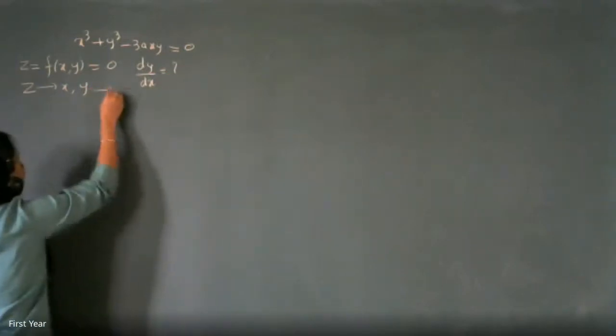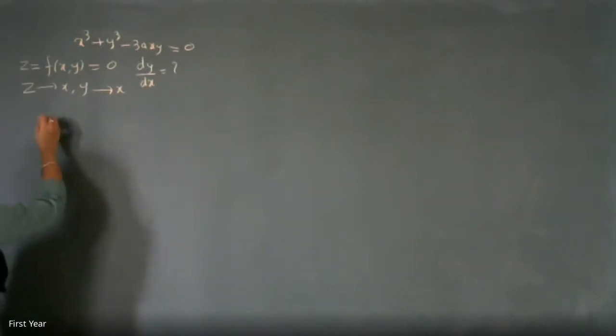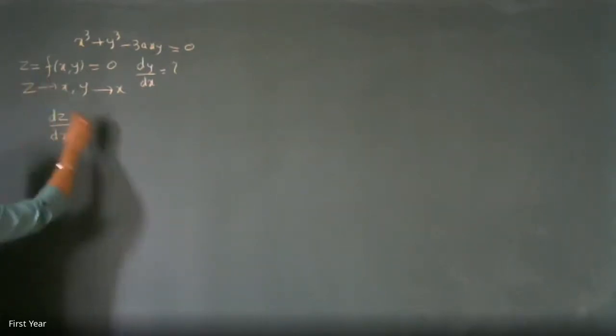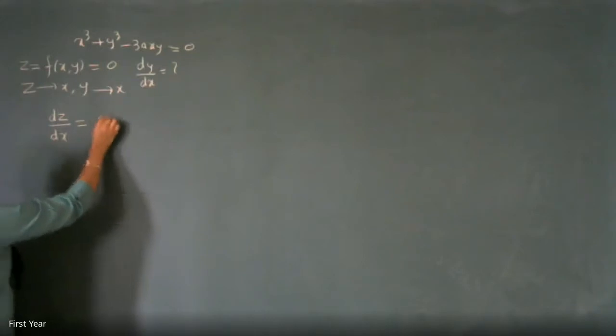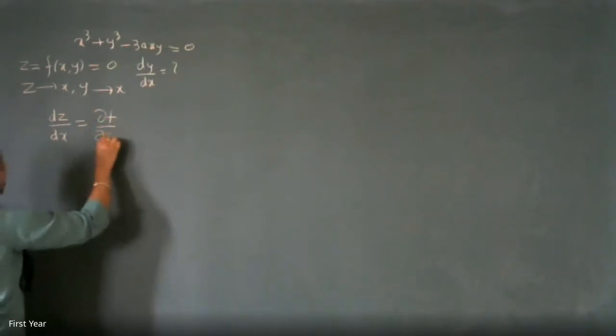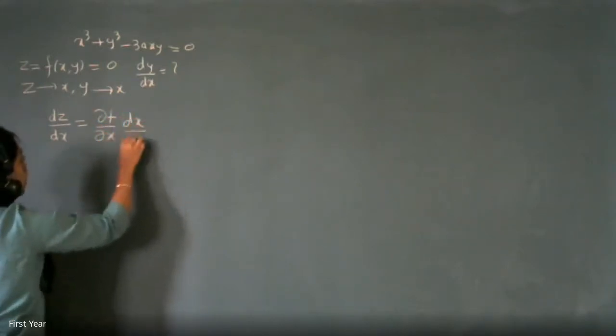That means y is again depending on x. Therefore, using your total derivative formula, what will be the value of dz by dx? Z is a function of x, y given by f. So it is delta f by delta x into dx by dx. I am making use of the total derivative formula.